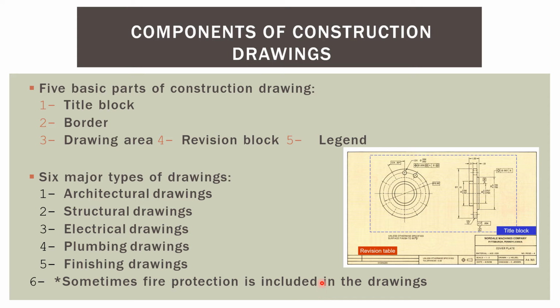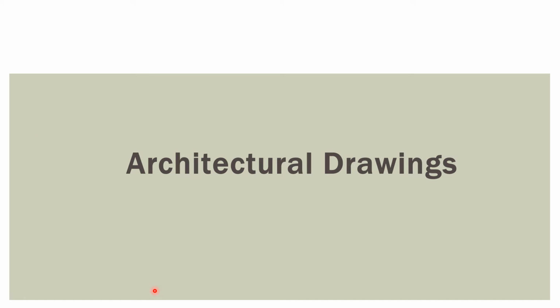For example, fire exit plans, etc., or fire alarms. So for that also drawings are provided. Sometimes these fire alarm drawings are included in the electrical, and sometimes a separate department creates the drawings for the fire protection.